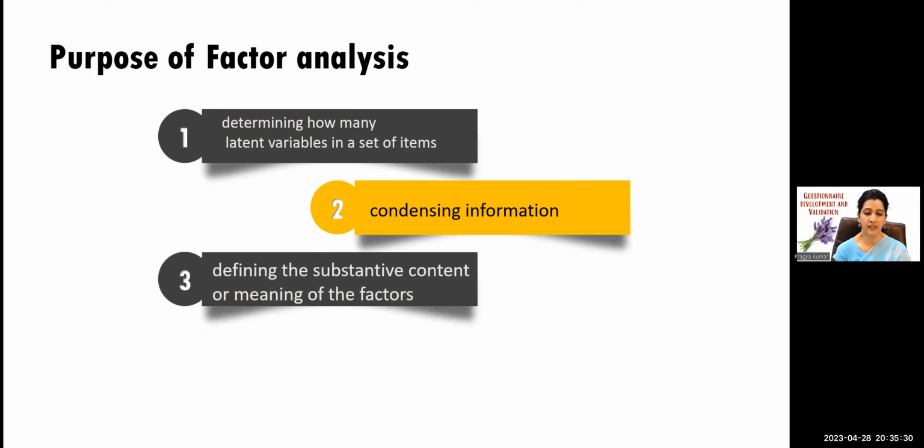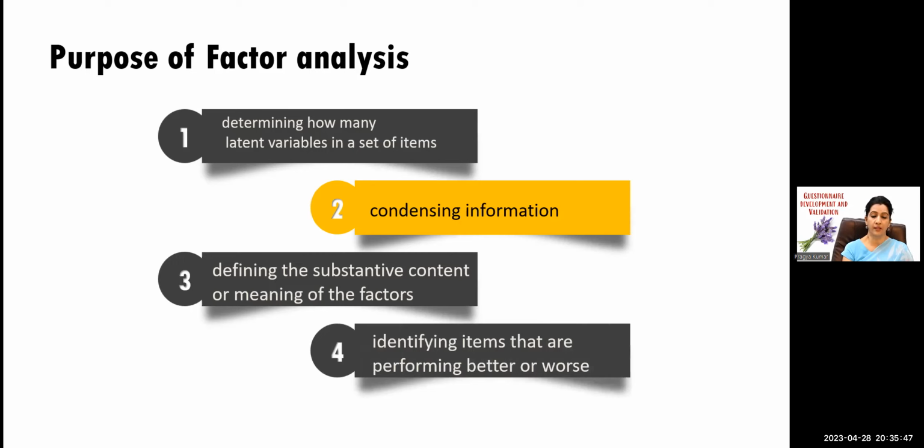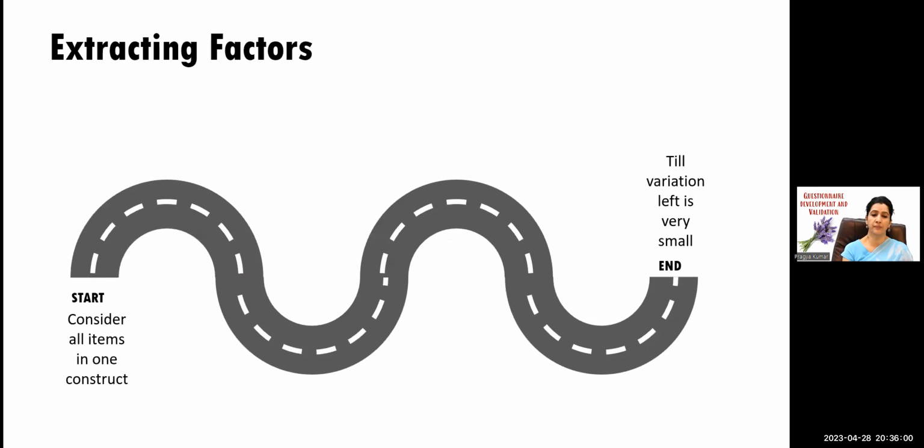And it defines the meaning of the factors also, because after you have done the factor analysis, you have to name all those similar looking items. You have to club them together. So you have to define the substantive content or the meaning of that factor. And then you have to identify the items which are better performing or worse performing. In case of worse performing, either you will delete that item or you will reframe that item.